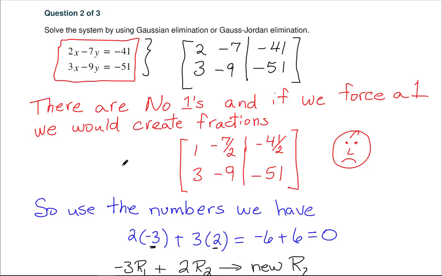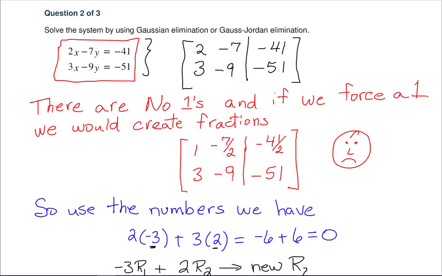So the strategy is modified in this way. I'm just going to use the numbers I have to make a 0. So how would I do that? Well, I need to multiply something by 2 plus something times 3, and I would like to make a 0.